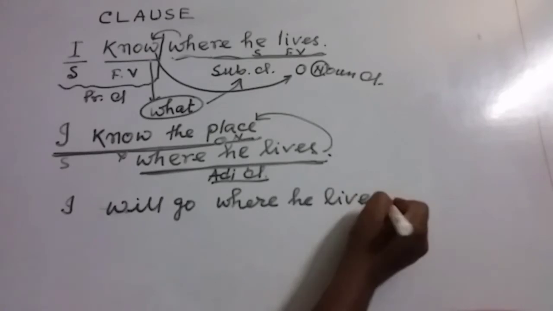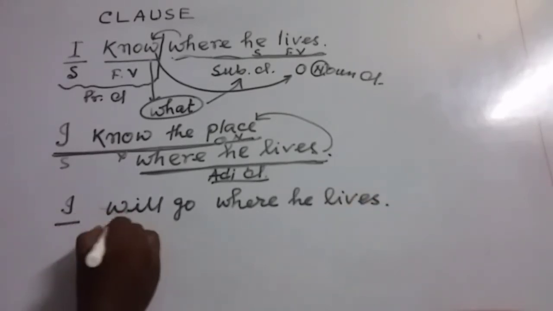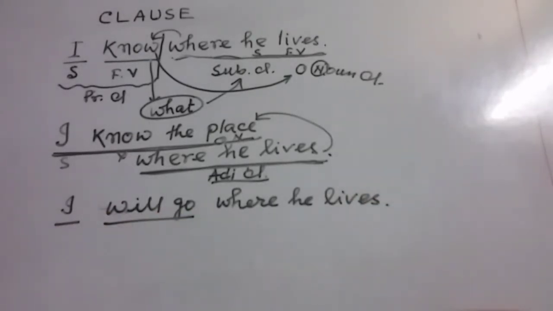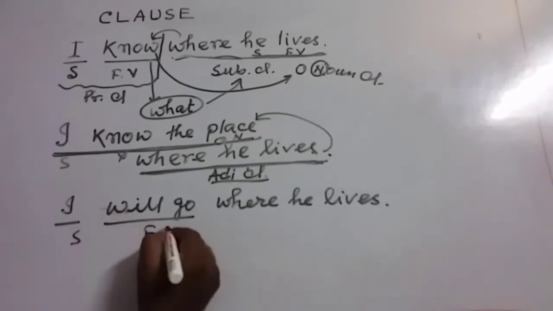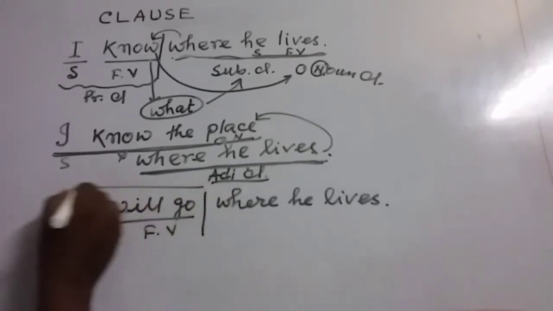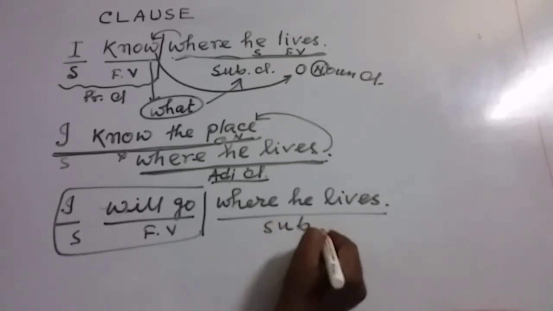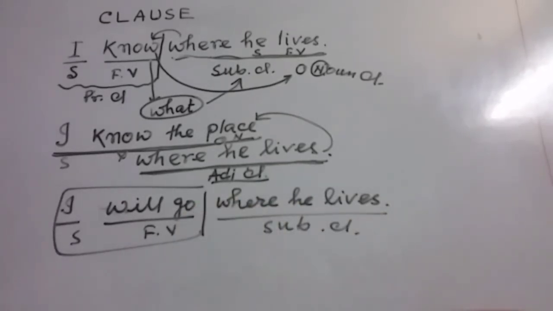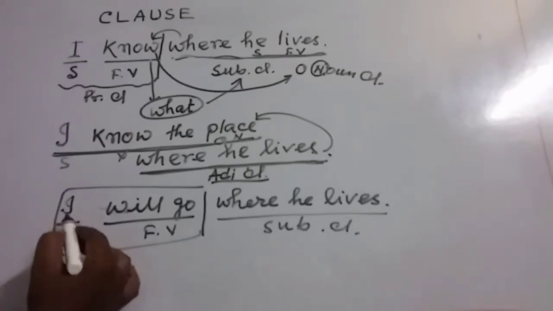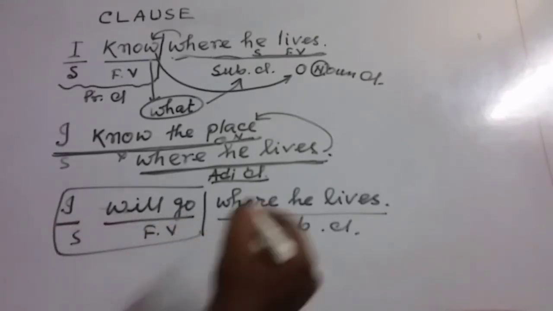If you think about this sentence, this is the subject, this is the verb. So subject and finite verb, that means this part is the principal clause, and where he lives, this is the subordinate clause. Look at this sentence. I will go where he lives.